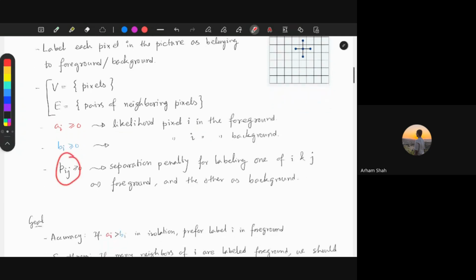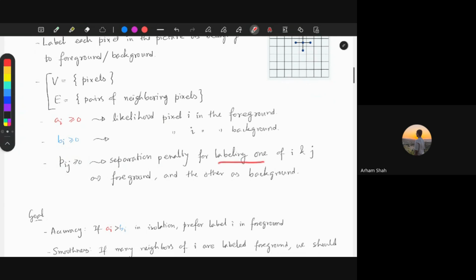And not only that, there might be some mistakes. So you take a separation penalty, p_ij. Everything is non-negative, so that our life becomes easy. The separation penalty is for labeling one of i and j as foreground and the other as background.